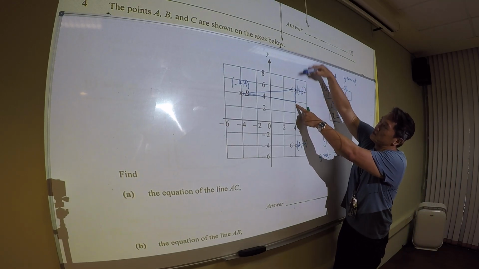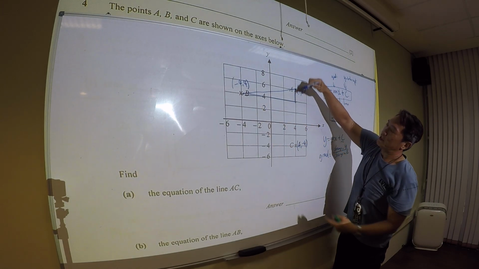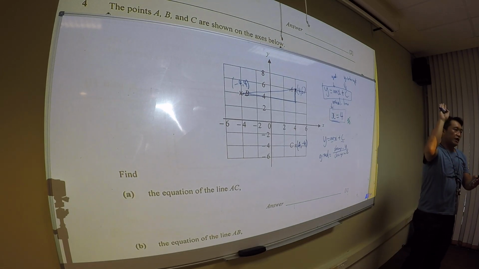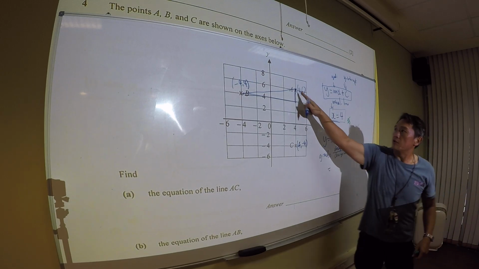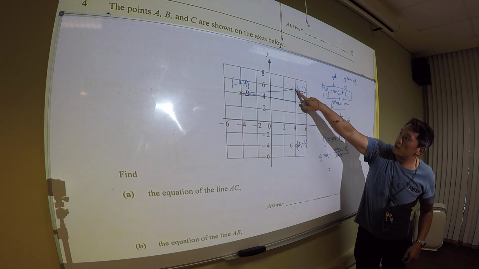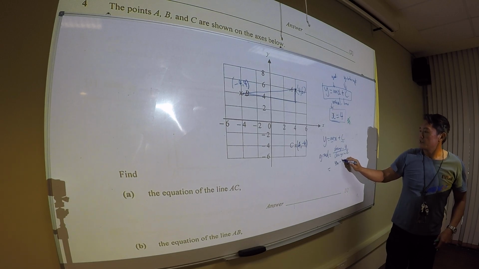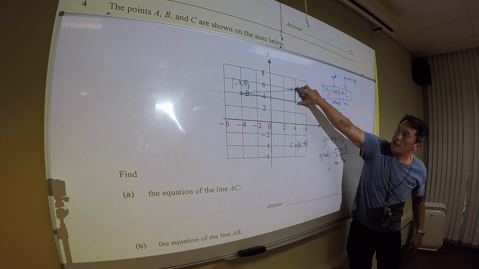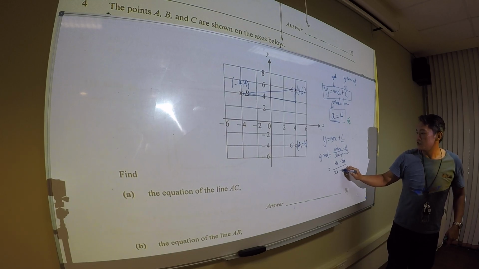The steeper it is, the higher your gradient will be. The longer it takes to go up by the same amount, the more gentle your gradient will be. Okay, gradient is to describe how steep the slope is. So to find the gradient between A and B, we take the y of A minus the y of B, the change in the y, the change in the height, divided by the change in the x.